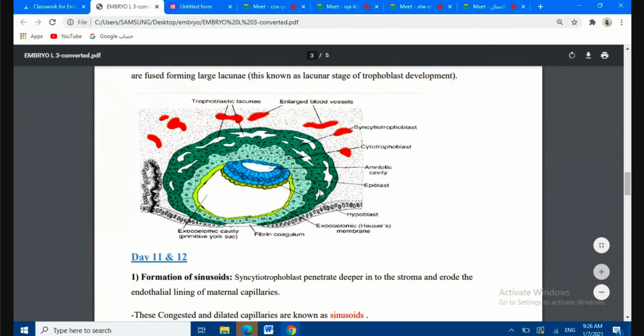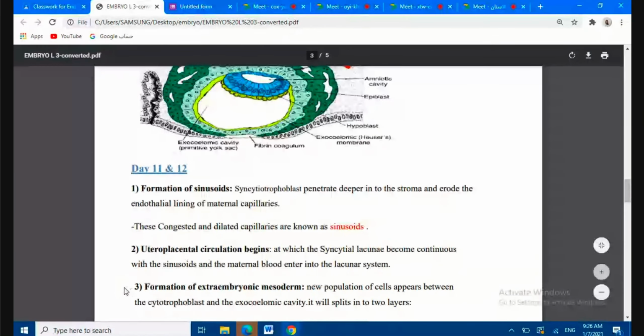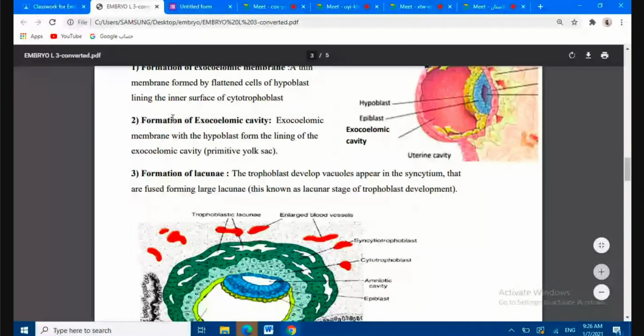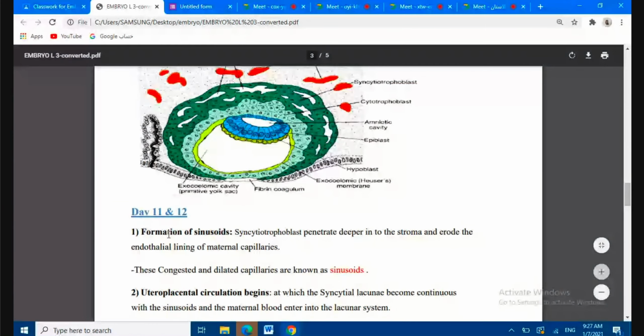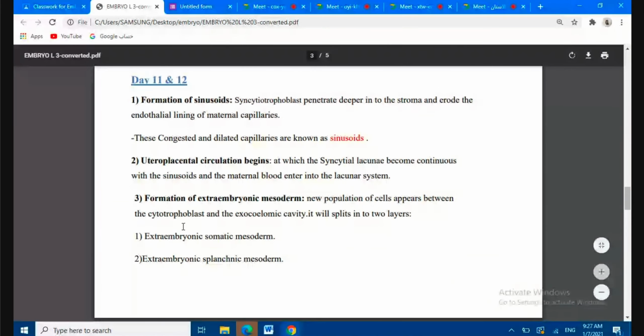Okay. Surely you will wonder what their function is. As you see, they are related to the circulation process. Later on, the enlarged blood vessels will connect with these trophoblastic lacunae and form a uteroplacental circulation. Clear? So lacunae form on day 9 and 10. Let's move to day 11 and 12.